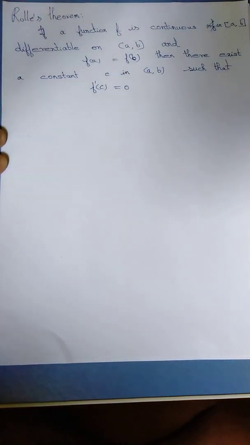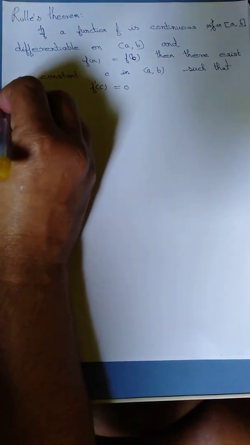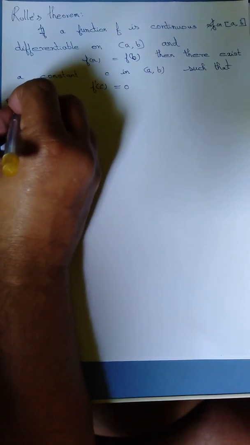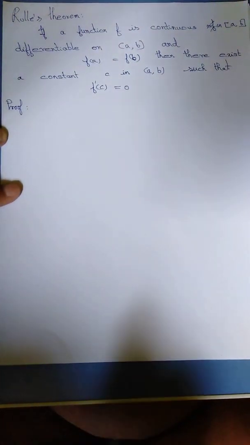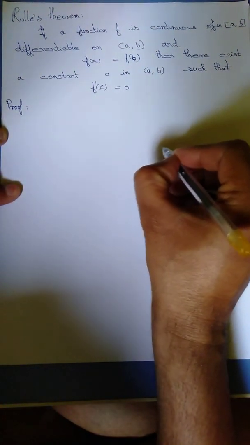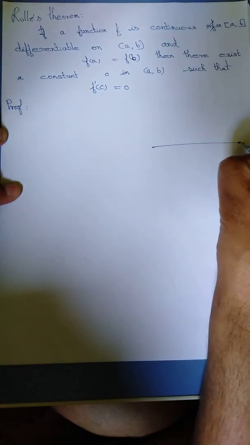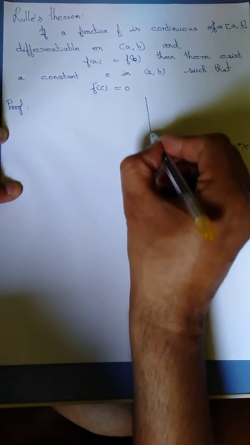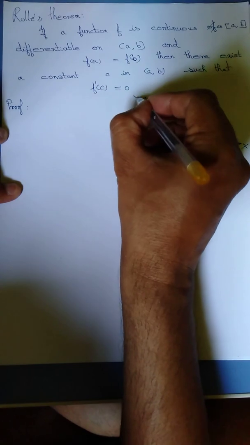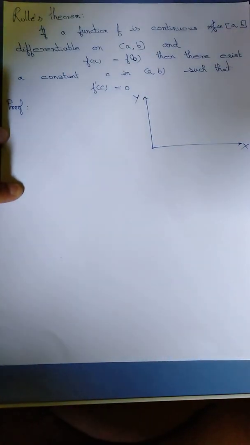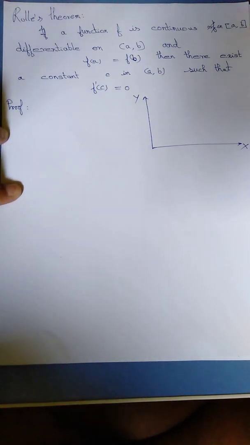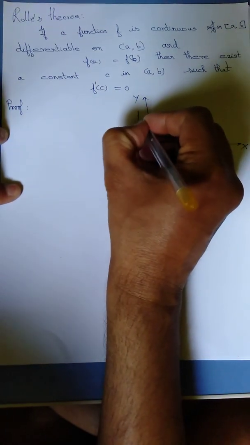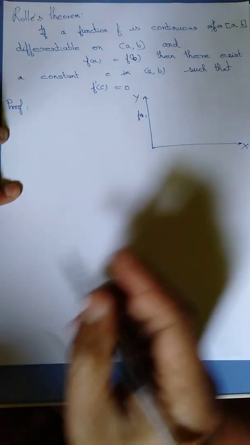Okay, before going to the proof, let's understand it first. Let's draw x-axis here and y-axis here. We are given f(a) equal to f(b). Let's plot f(x) along y-axis and x.